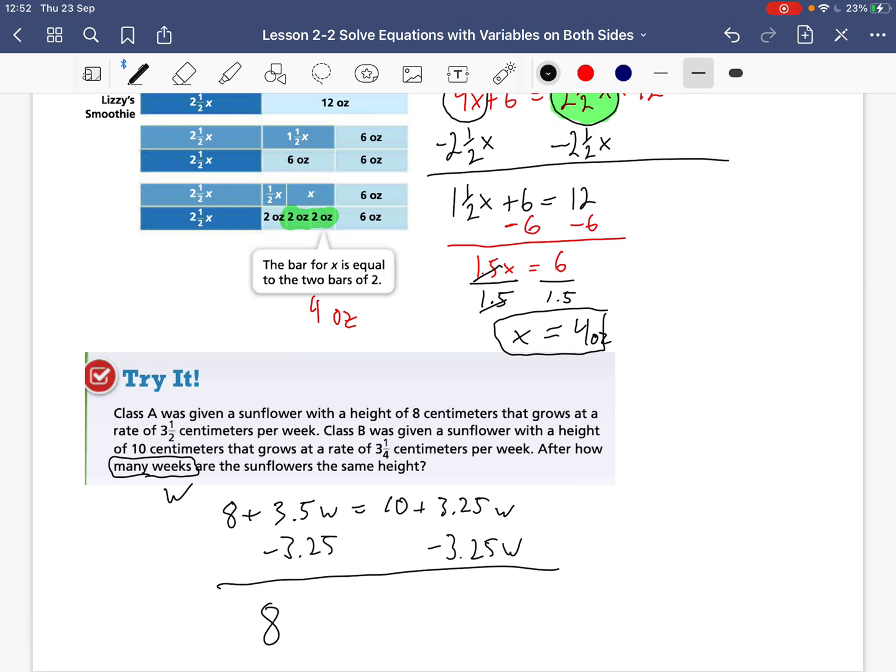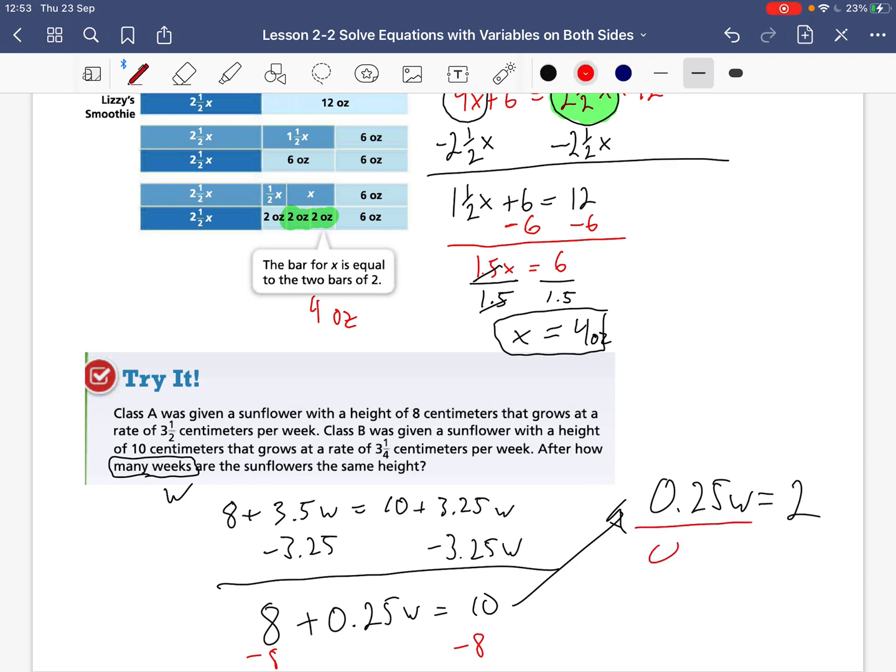We have 8 plus 0.25W equals 10. So we will subtract 8 from both sides. So we will have 0.25W equals 2. And then we will divide both sides by 0.25.